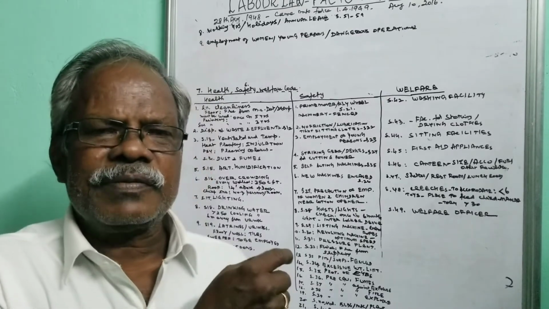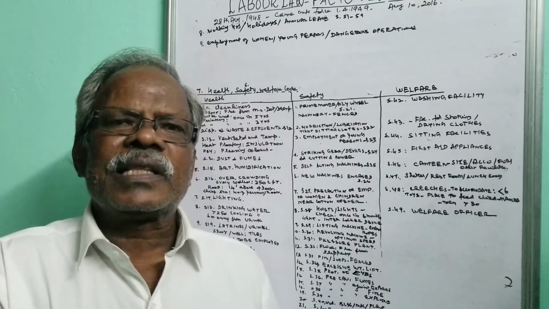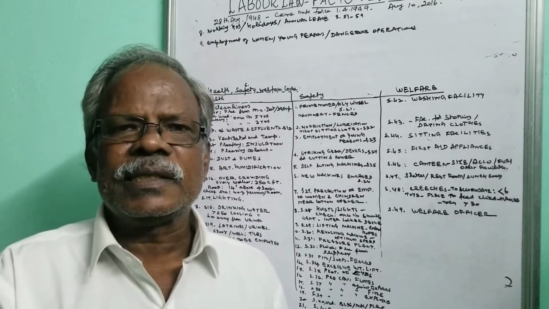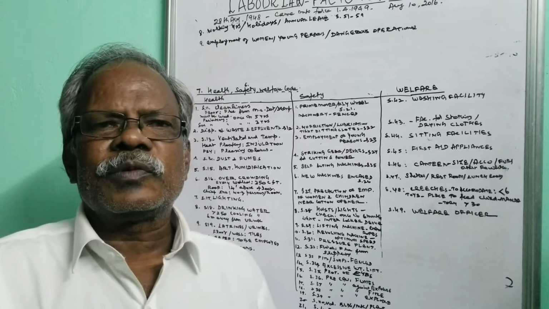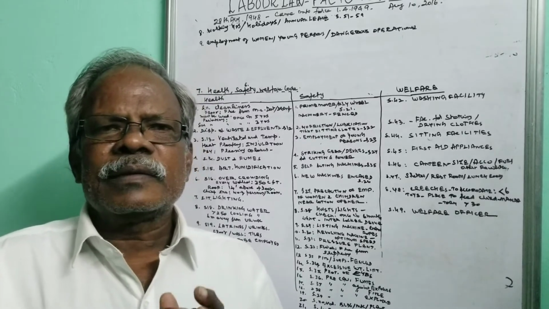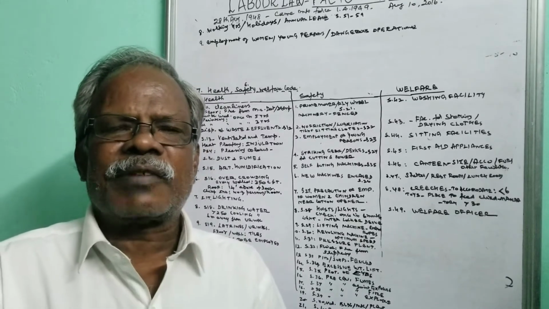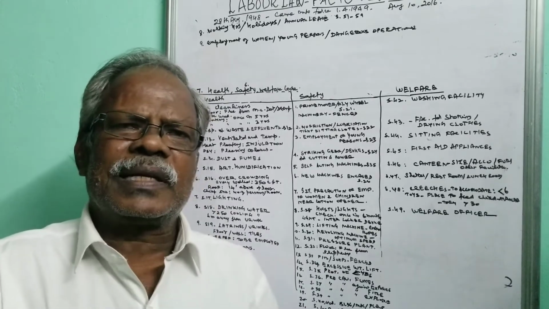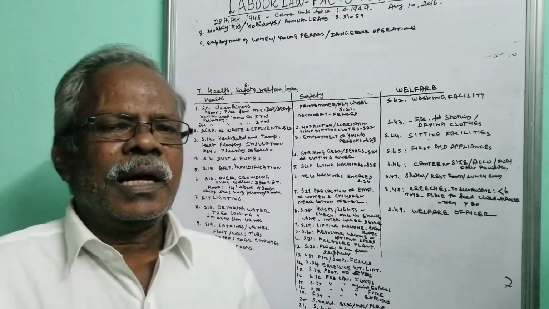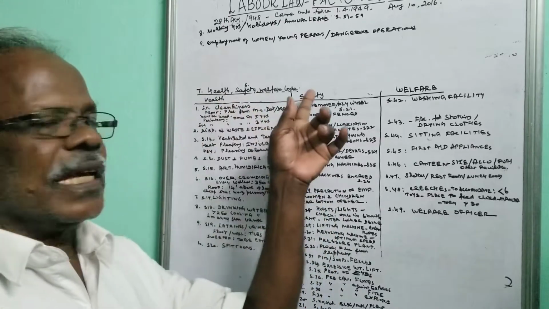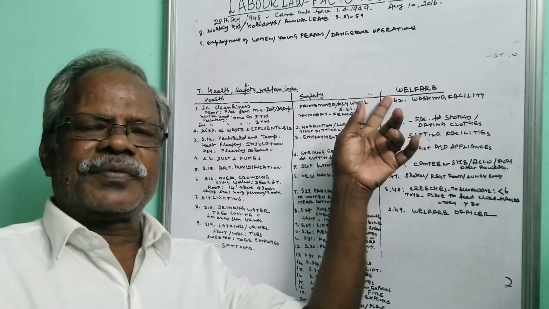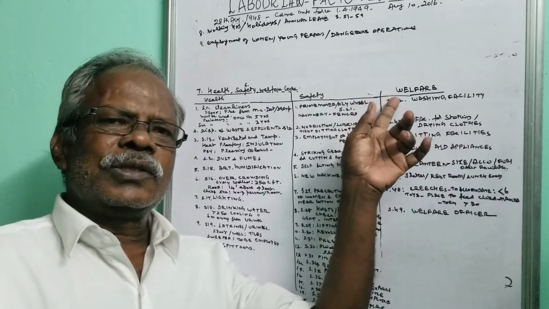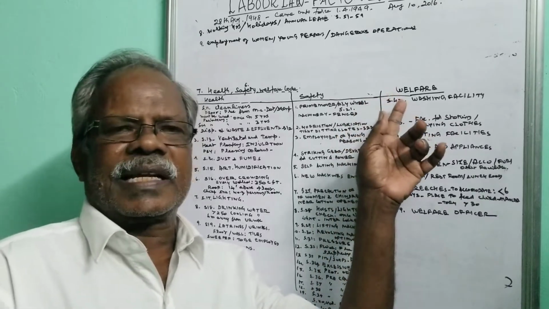So that is a very important aspect for the well-being of the workers, wherein the master-servant relationship exists. So we are going to see the important aspect of health, safety, welfare of the laborers to be adopted in factories.